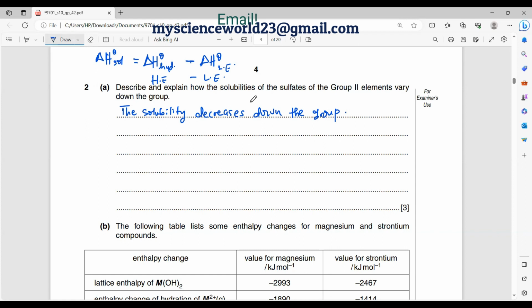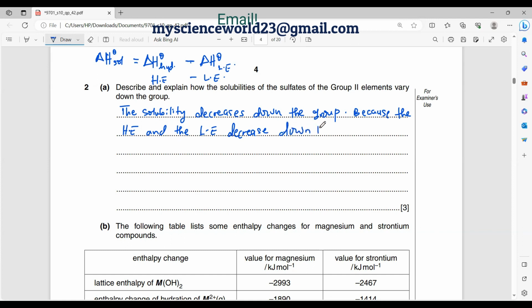And why is that so? This is because the hydration energy as well as the lattice energy decrease as you move down the group.